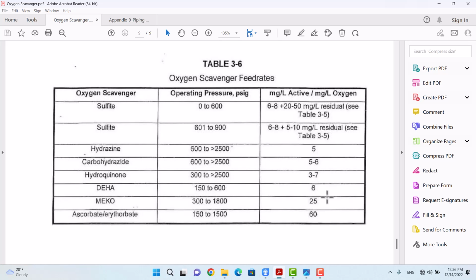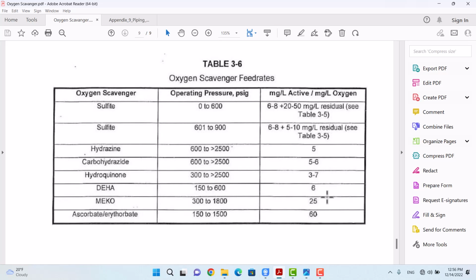So for your application, if you want to select the best type of oxygen scavenger, at first you should look at three parameters. The first is the operating pressure of your steam drum. You have one steam drum, two steam drums, three steam drums. It depends on the license, it depends on the design of your process units.